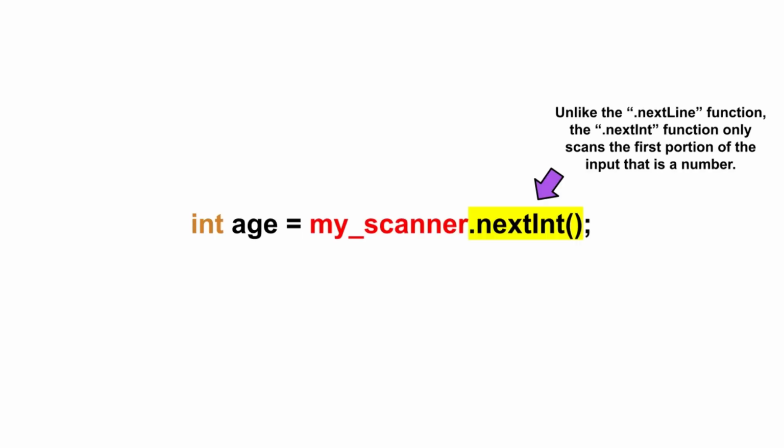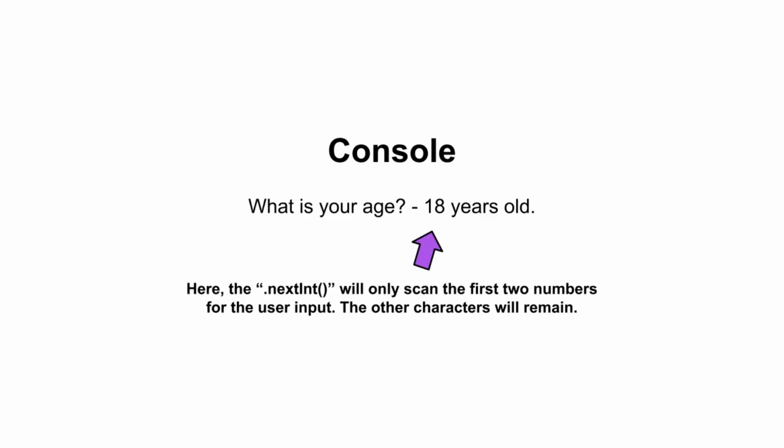One last thing to know is that unlike the nextLine function, which selects the entire line or input, the nextInt function only selects the first numbers from the user input. In this case, the nextInt function will only select 18, so the rest of the characters will remain in the scanner object.